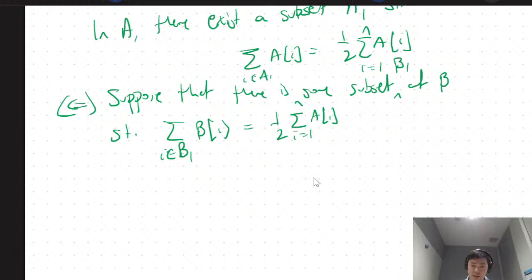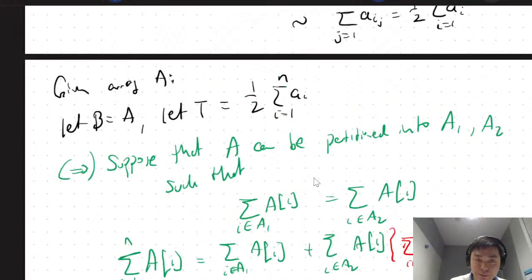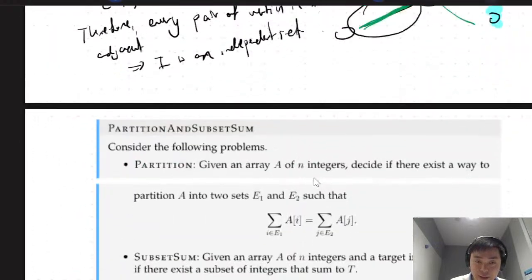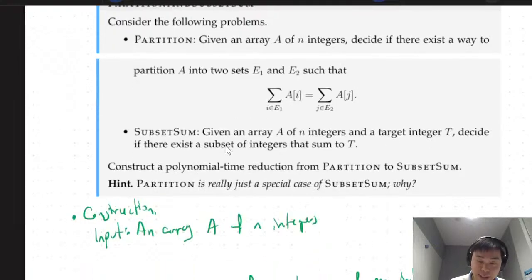This is what we assume because subset sum is essentially just deciding if we can find a subset of integers that sum to t.